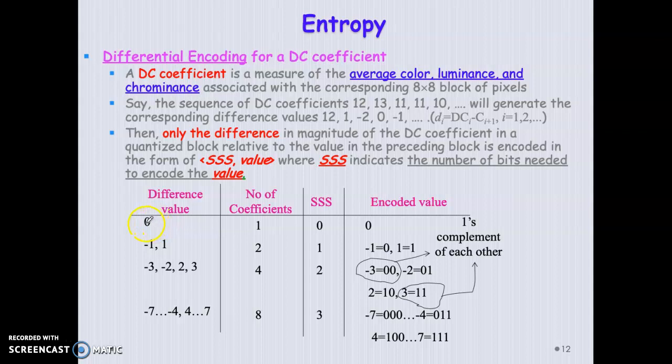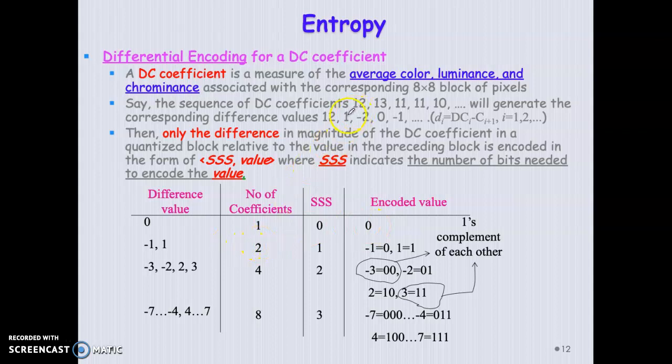If the difference is 0, then the number of coefficients is 1, and the number of bits to represent this 0 is 0, and the encoded value is 0.